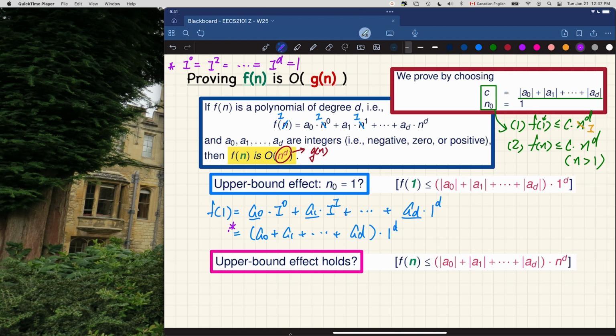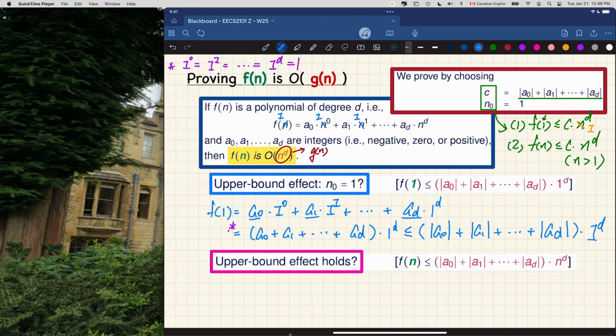So this one here, I can say should be less than or equal to the absolute values, |A0| plus |A1| plus all the way to |AD|, and then times 1 to the power of D.